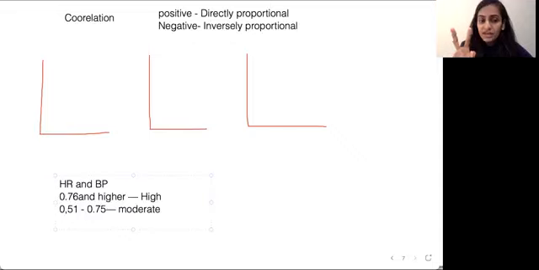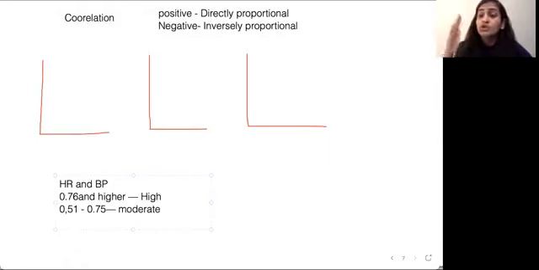If it's positive 0.99, they are strongly positively correlated. Negative 0.99 is a strong negative correlation. Clear? So correlation can be positive, correlation can be negative. Positive is directly proportional, negative is inversely proportional.